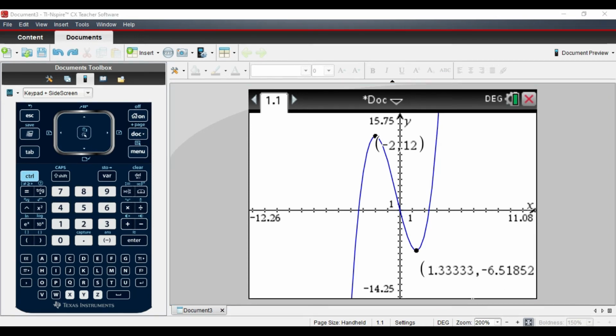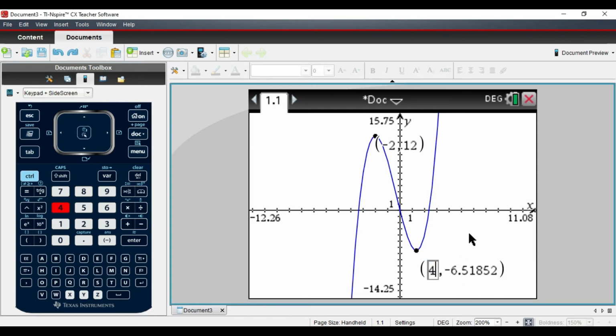But we can also just redefine that ordered pair that we got using the trace feature by clicking on the x value and typing in the exact x value. And once we do that, the calculator will output a fraction as well. So the way the calculator is finding those y values in the trace feature, it seems to prefer decimals, but it's not too difficult to redefine that ordered pair by clicking in once again after the point appears on your curve, clicking in the exact x value to get the exact y value.